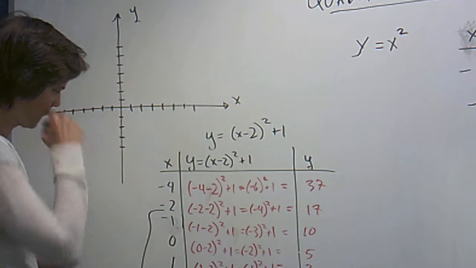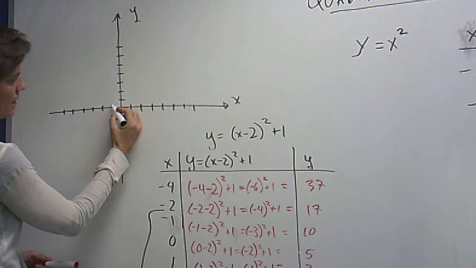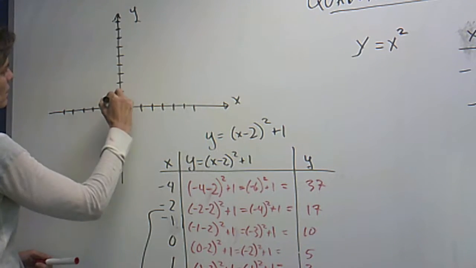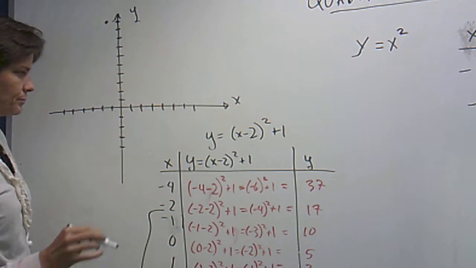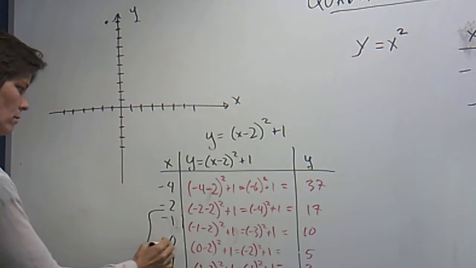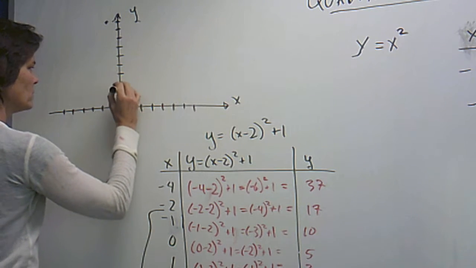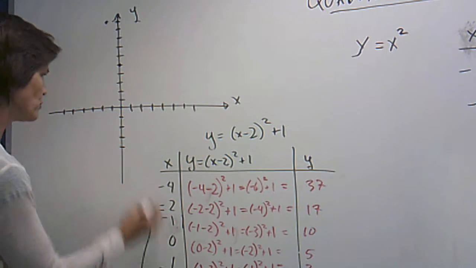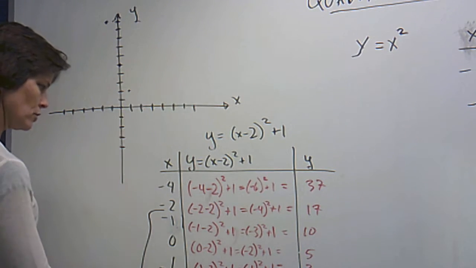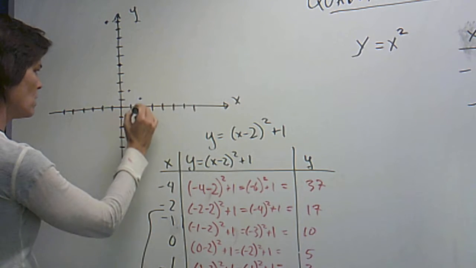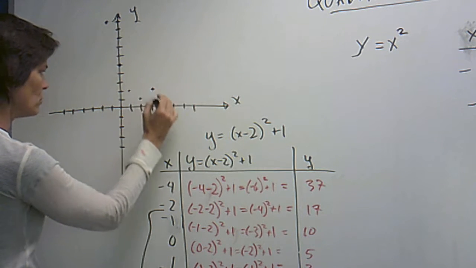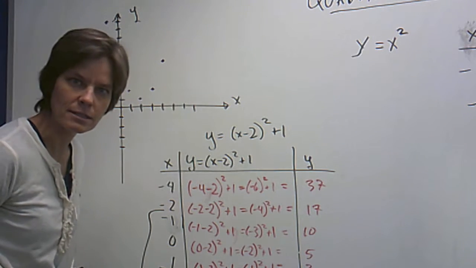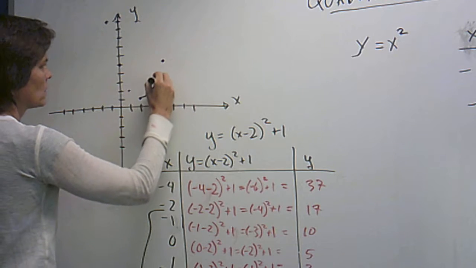I'm going to plot these. -1 and 10. 0, 5, 1, 2, that's what we found, 2, 1, 3, 2, 4, 5. I think I found my symmetric point, right?